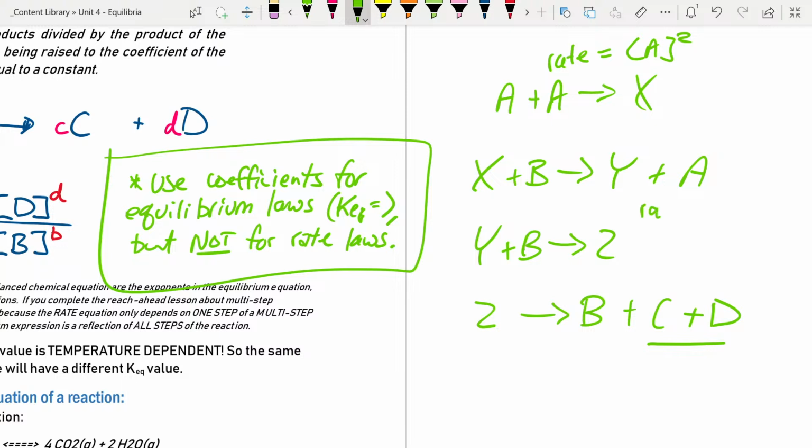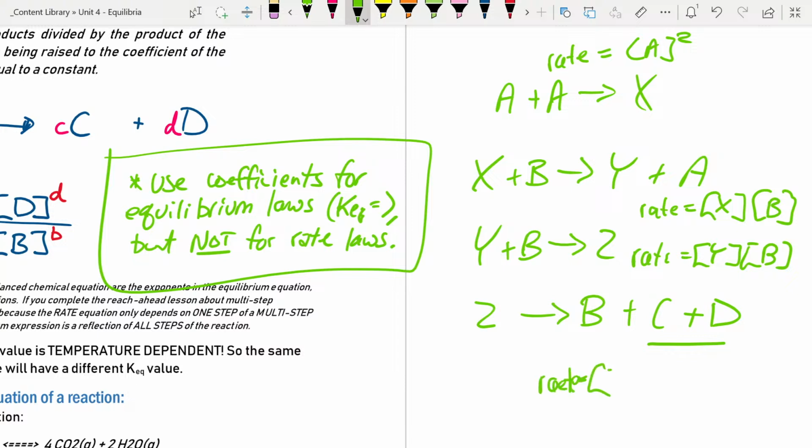This one depends on the concentration of X squared, of X and the concentration of B. But that concentration of X, we don't calculate. This one depends on the concentration of Y and the concentration of B. And this one just depends on the concentration of Z, right? And obviously a constant in each case.